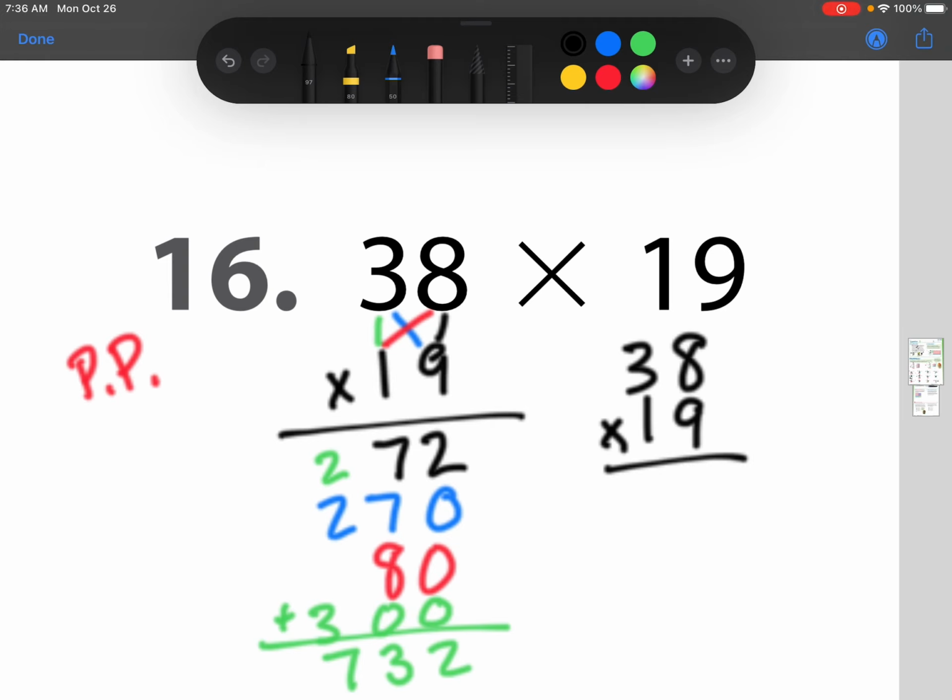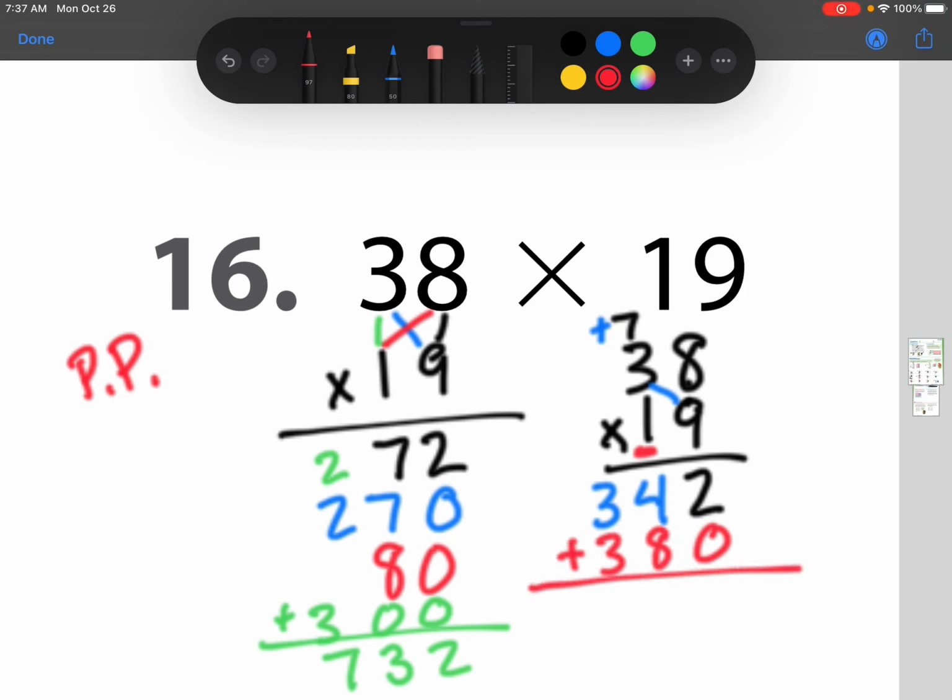We have 9 times what? 9 times 8 is 72, so I regroup that 7. Then we have 9 times 3 is 27, plus 7 is what? Is 34. So now I go to my tens place value, and it's going to be 38. So let's add them up now. And what do we get?